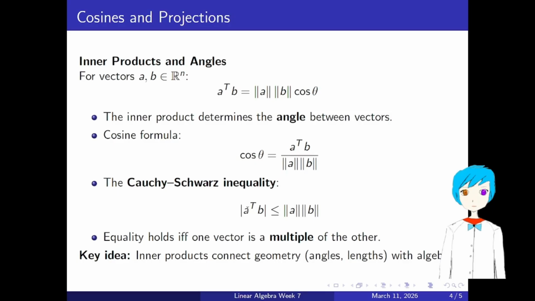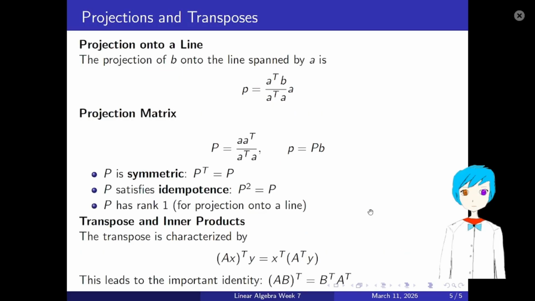The absolute value of the inner product of a and b is smaller than or equal to the norm of a times the norm of b. Equality holds only when one vector is a multiple of the other. That means they lie in the same direction or in opposite directions. So this is how linear algebra connects with geometry.